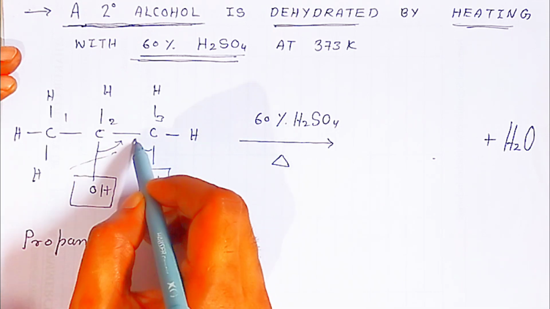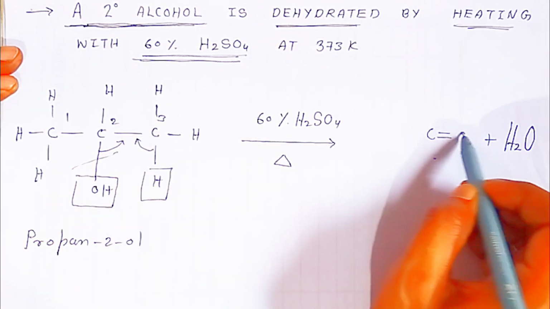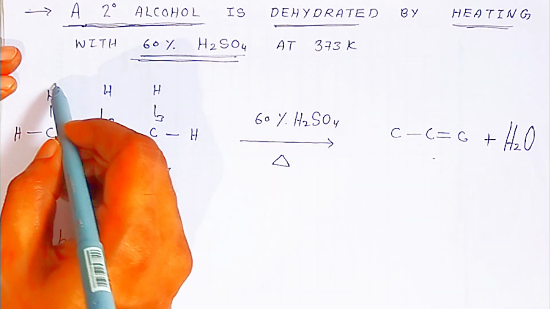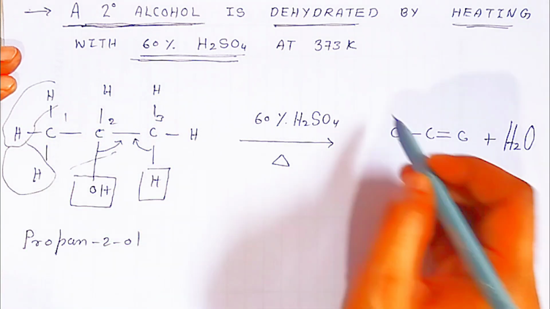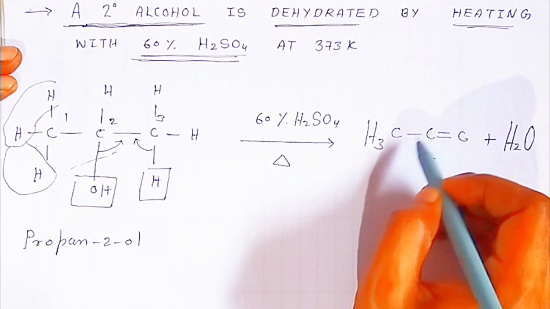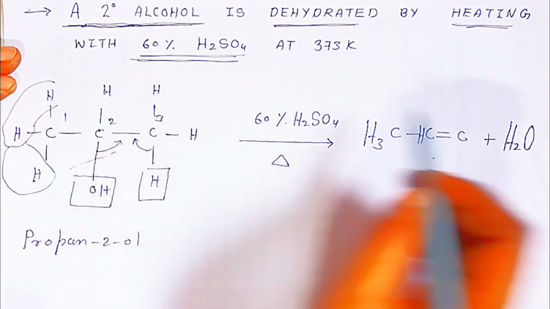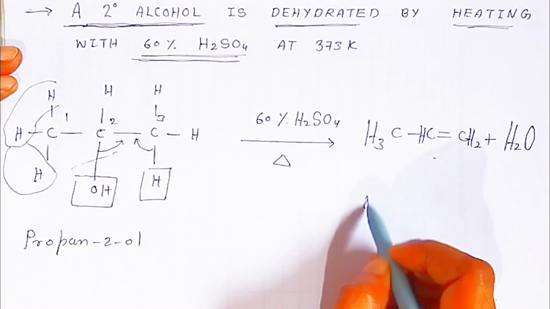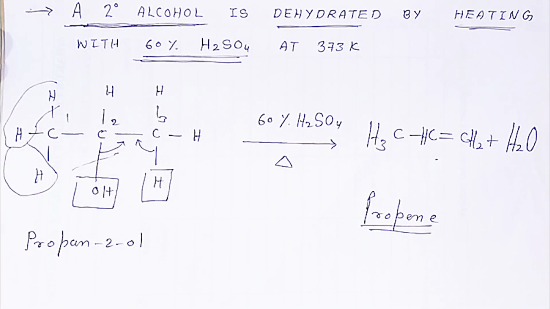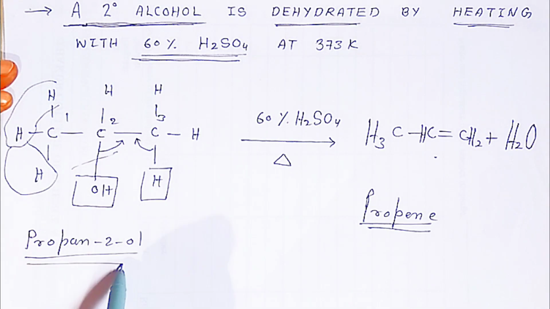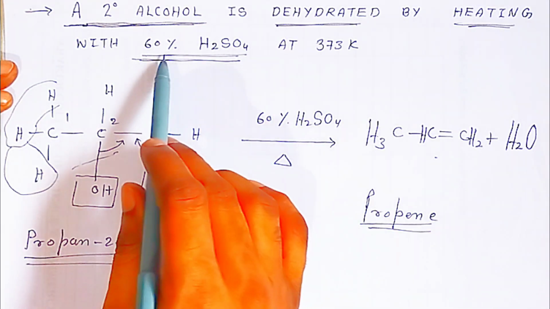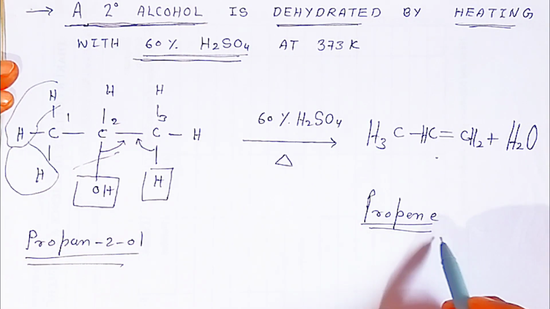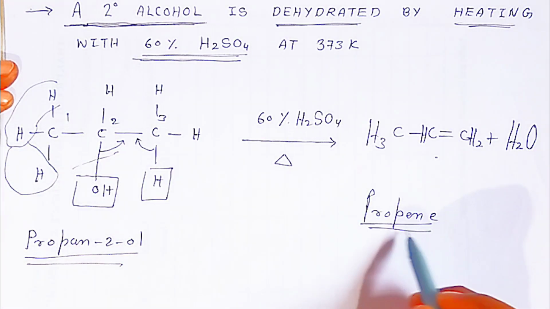One electron will come from here, and it will form a carbon-carbon double bond, and this carbon will be as it is. So here 3 hydrogens are there, students, so CH3, and 1 hydrogen is already there here, and it will form propene. So propan-2-ol is converted into propene. Okay, students. So this way, second degree alcohol is dehydrated by using 60% sulfuric acid, and it is converted into alkene, that is propan-2-ol will convert into propene.